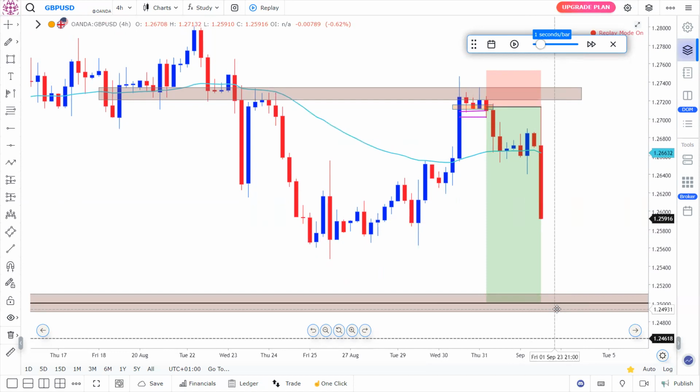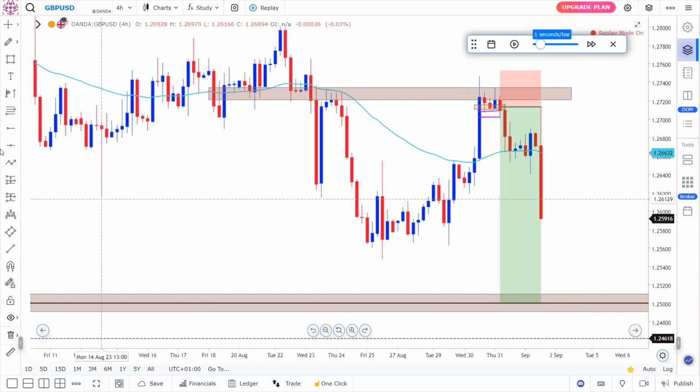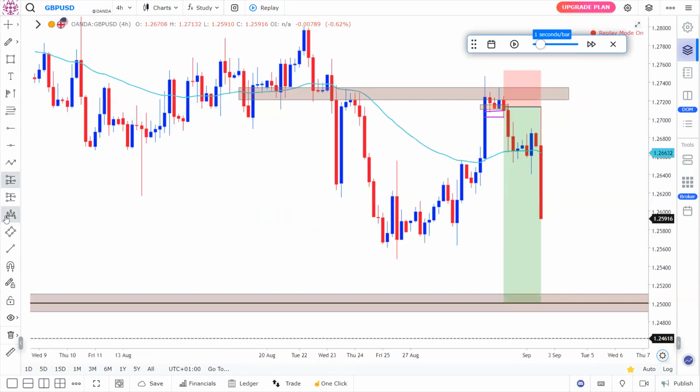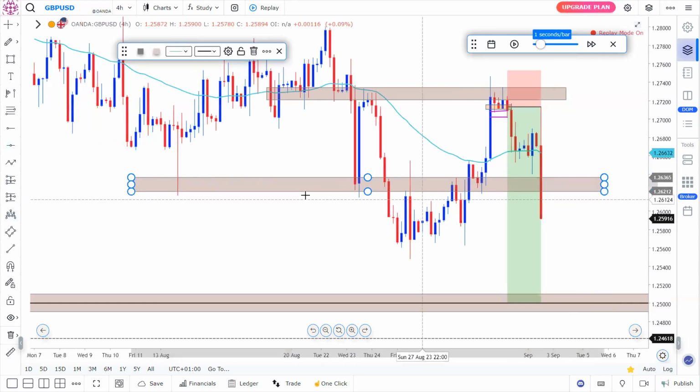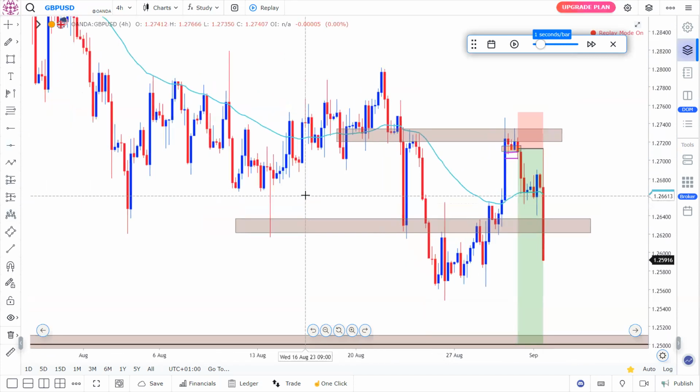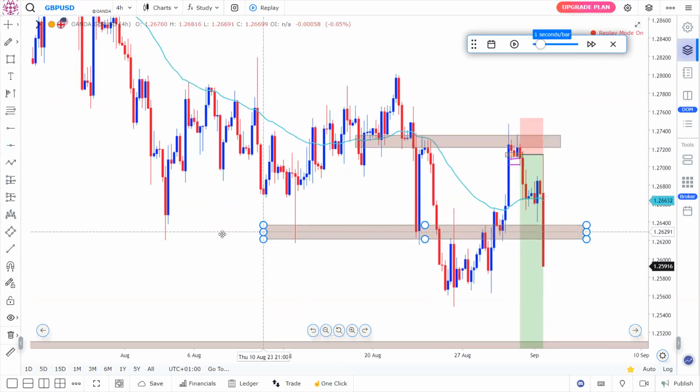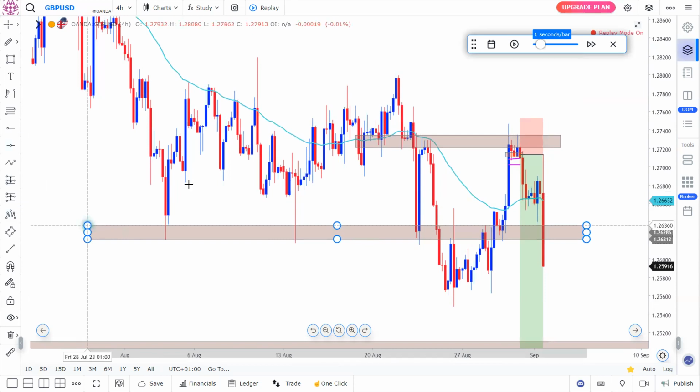And now all I needed to do was identify structured levels where I would potentially wait for price to come back into for entry opportunities. And I noticed this structured level from the 4-hour time frame, as you can see.